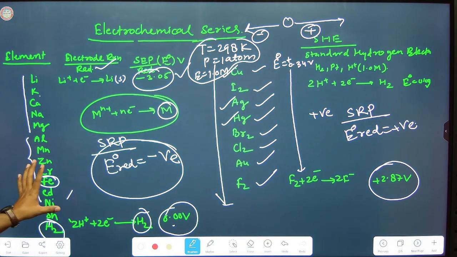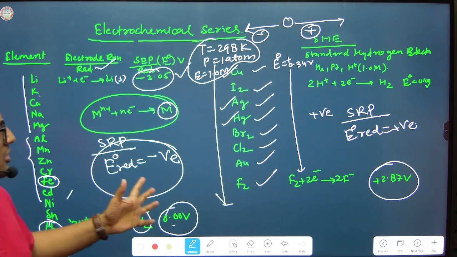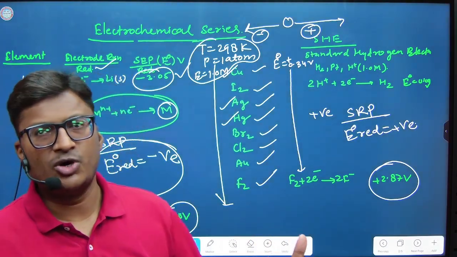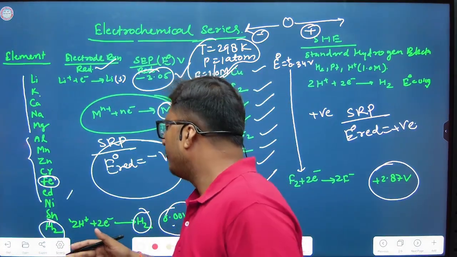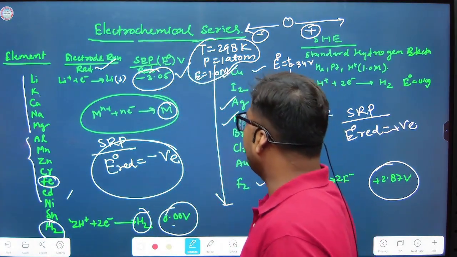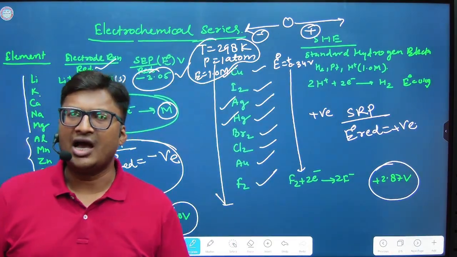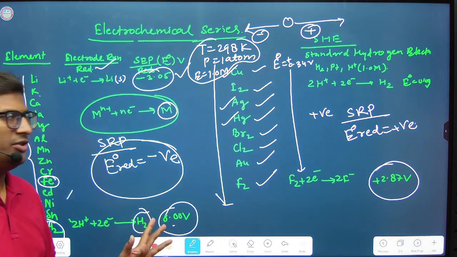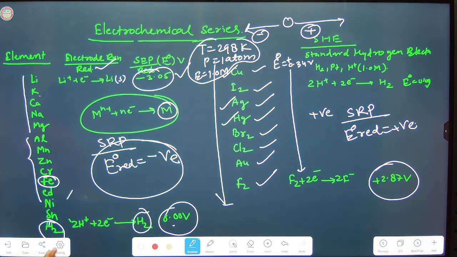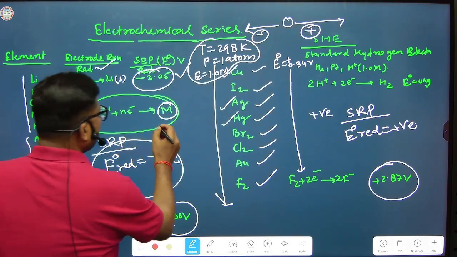And after absorption of water from the moisture, rust is formed. So iron is highly reactive because it reacts with oxygen to form rust. All the metals present above hydrogen are highly reactive, right?